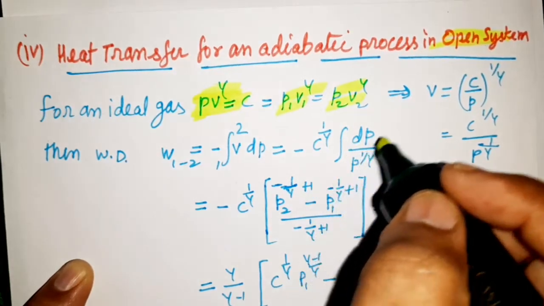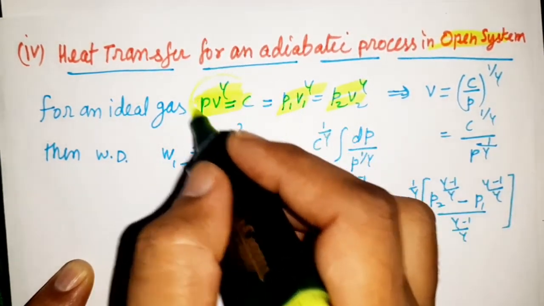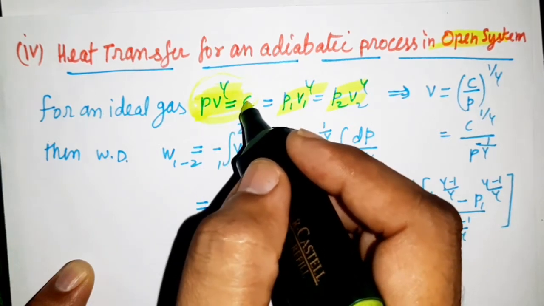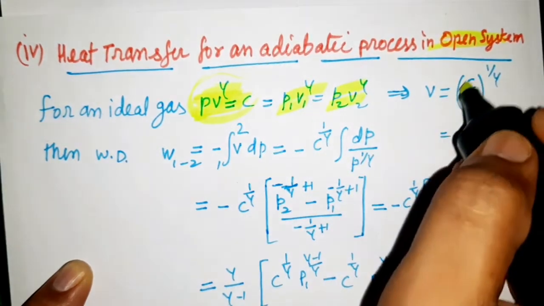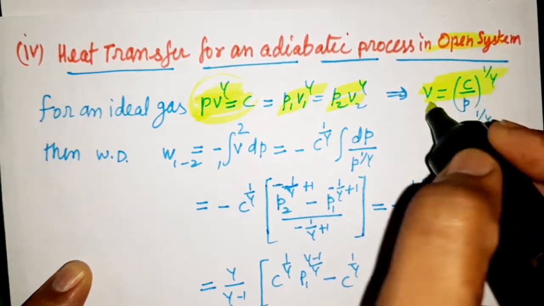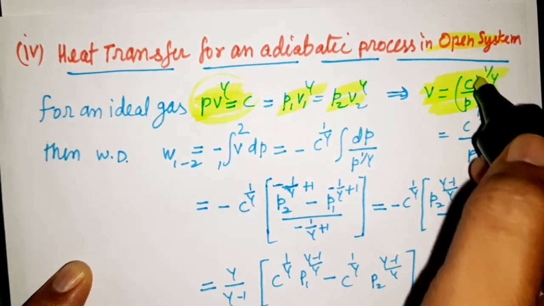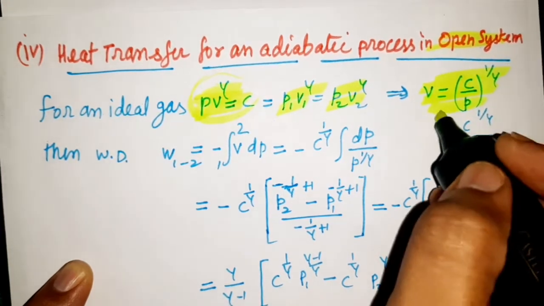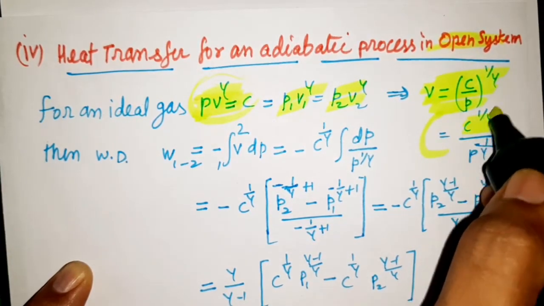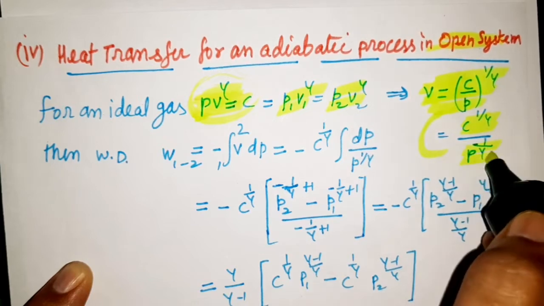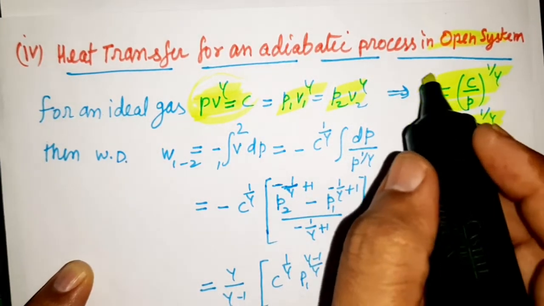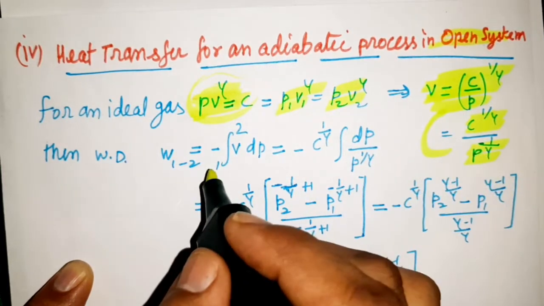So from this relation V is equal to C upon P to the power 1 upon gamma, or C to the power 1 upon gamma upon P to the power 1 upon gamma. So now we will apply this value of V in the basic formula.